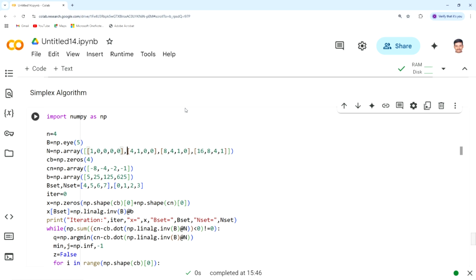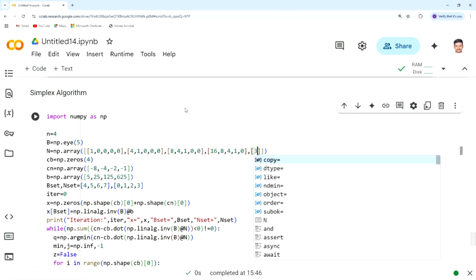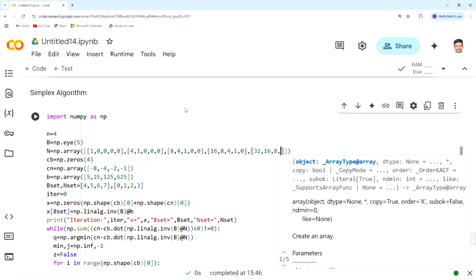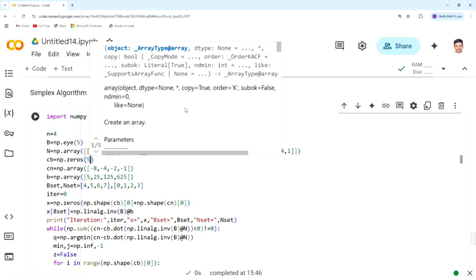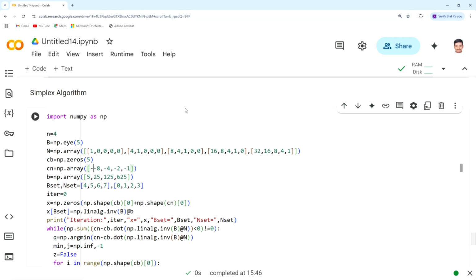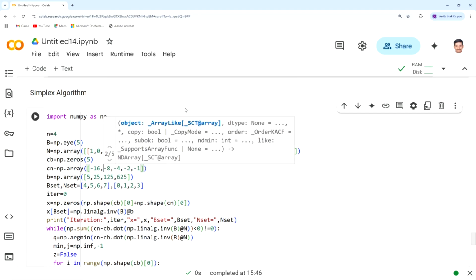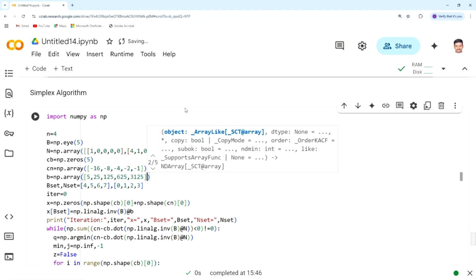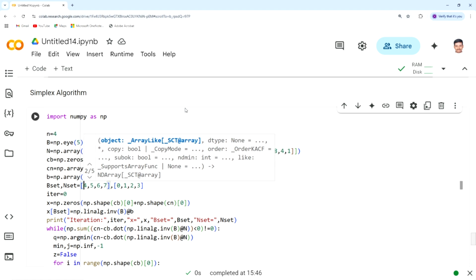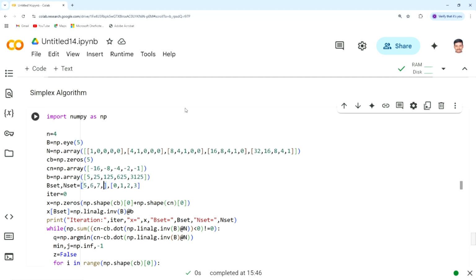So I have to include zeros. Here it is 5, and here you will have minus 16, and here you will have 3 1 2 5, and this should go away, and you will have 8 comma 9.